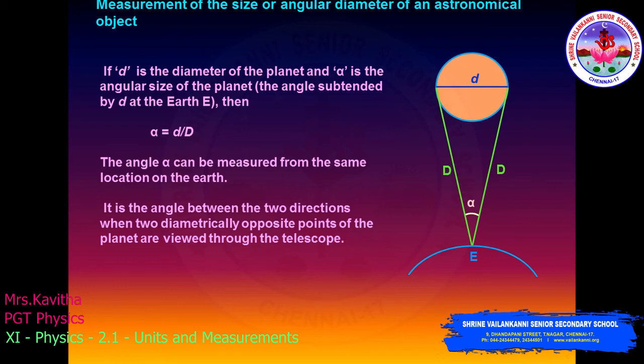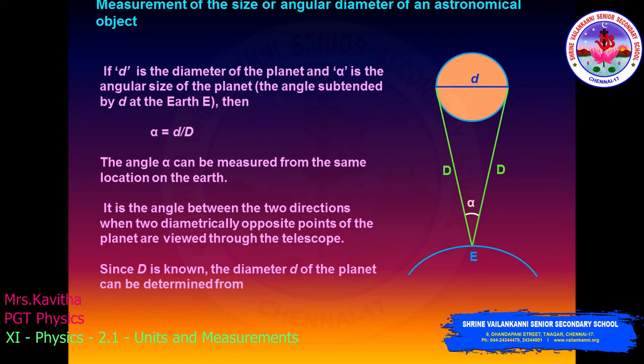If d is the diameter of the planet and alpha is the angular size of the planet. Now, see the diagram, that is the arc, okay, with the radius which we have taken as D, right? Suppose the person is standing on earth, from where we are measuring the diameter.